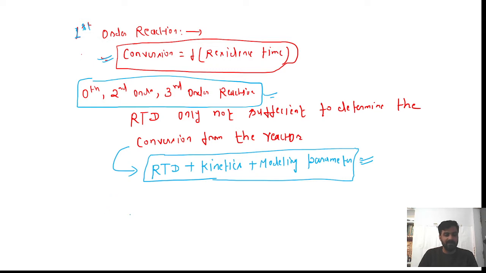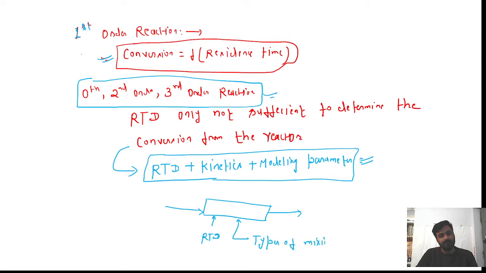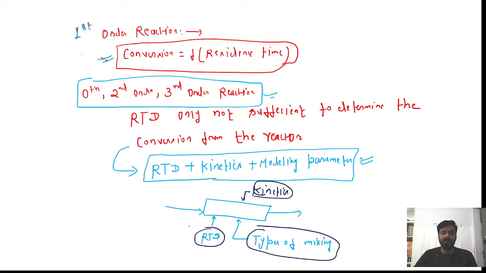If this is the reactor and the reactant enters, the first factor you have to consider is RTD, the second is the type of mixing, and the third is the kinetics. All three things become very important when we calculate the conversion from the reactor.